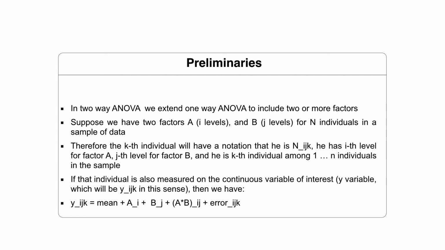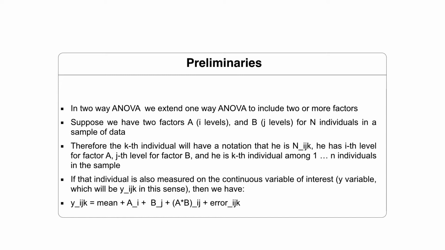So this person will have Y, length of stay, IJK, with an overall mean. That is, if all of these were set at their baseline level, we would still see that there would be some sort of a notion of a length of stay, right? So that's the mean that we can expect.